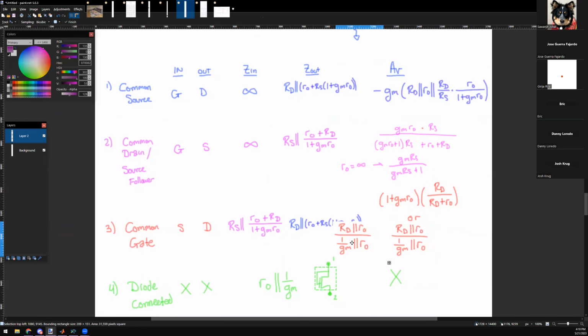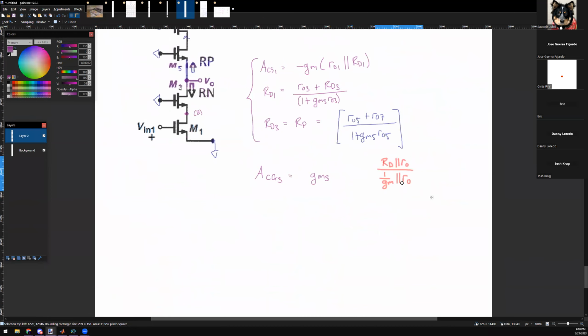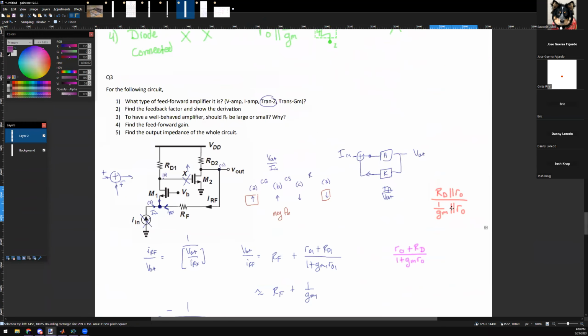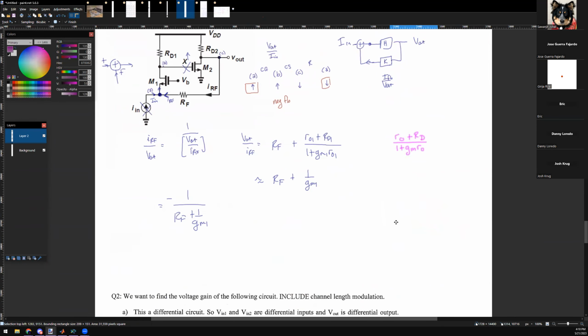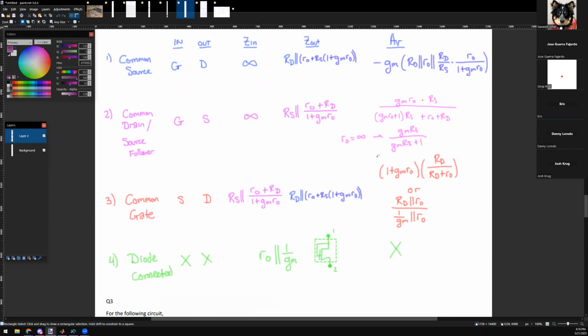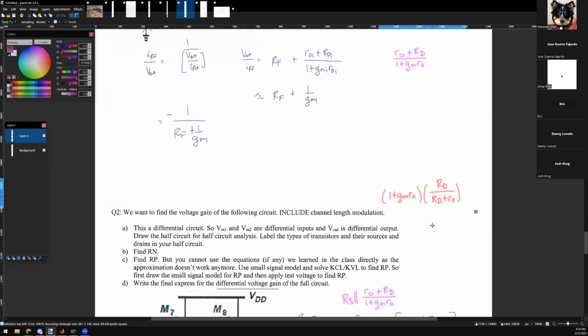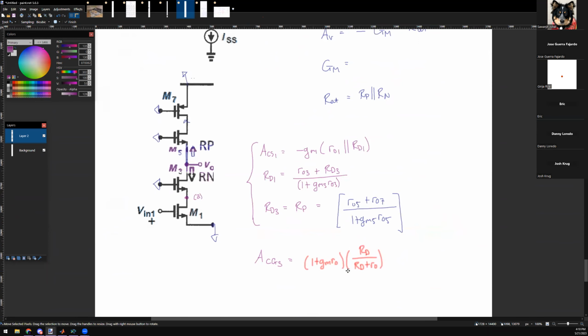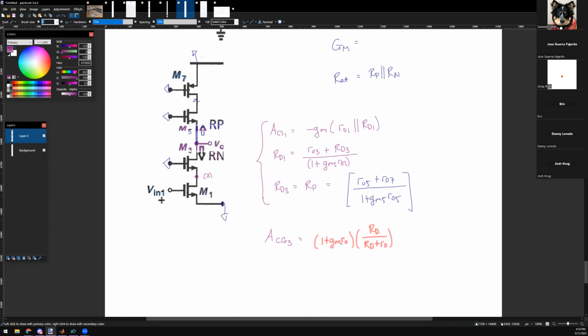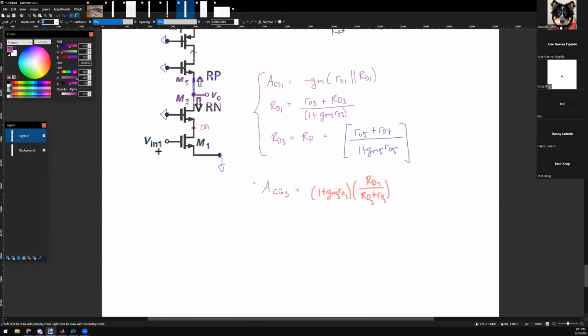I'll just use this form. I'll use this. So this is GM3, R03, R03, RD3, RD3. Luckily, RD3 is already found, so I don't have to do any more. Okay?